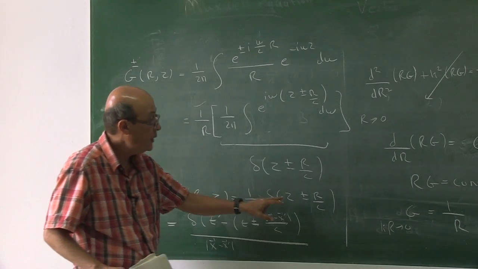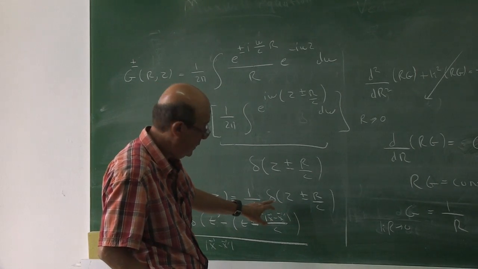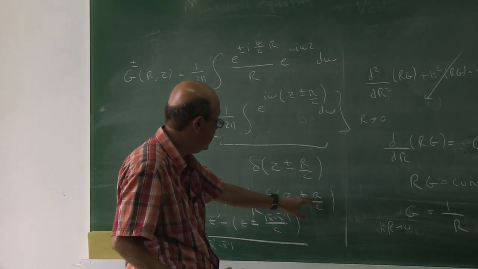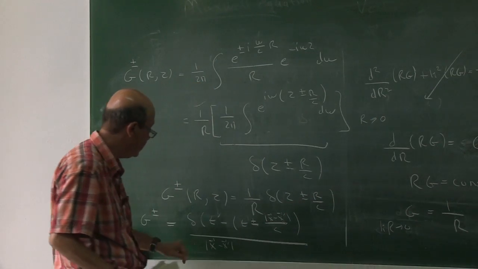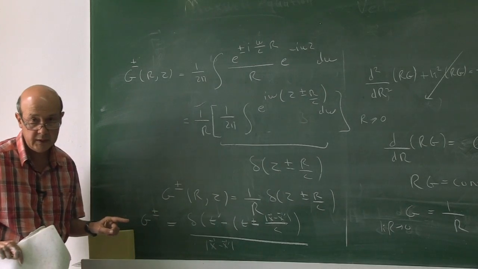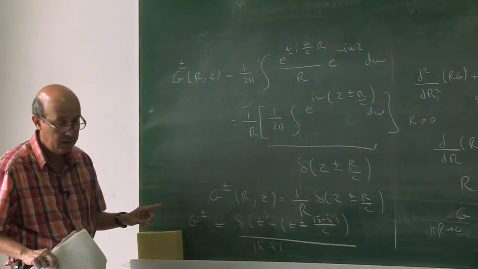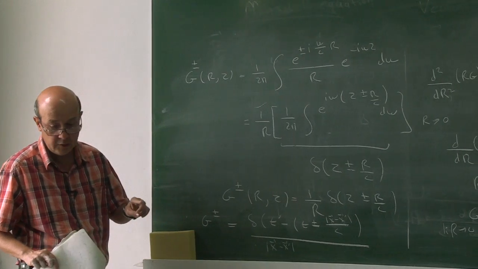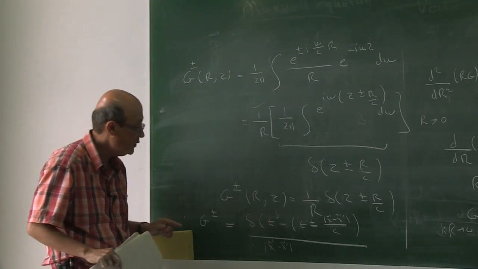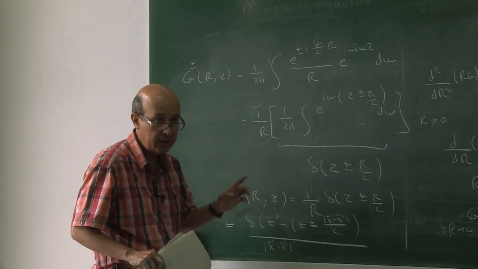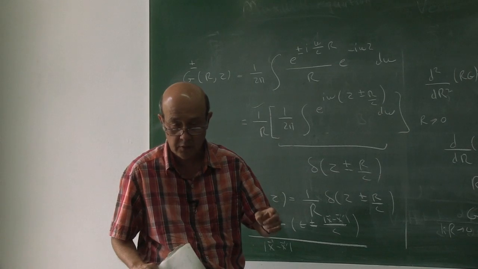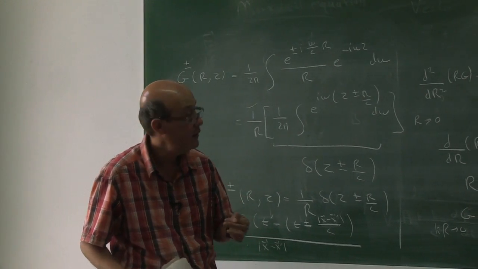Basically, if you substitute here t minus t prime and here x minus x prime, you will obtain this. And one of them corresponds to the advanced Green's function, and the other corresponds to the retarded Green's function. Which one corresponds to retarded? Retarded means that the event occurs and we see the event later.